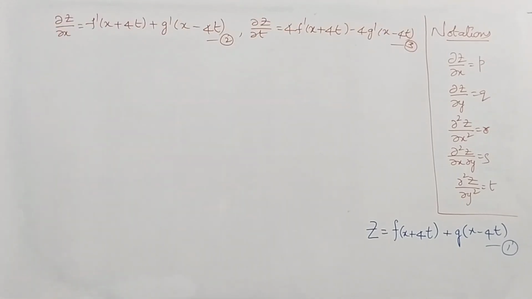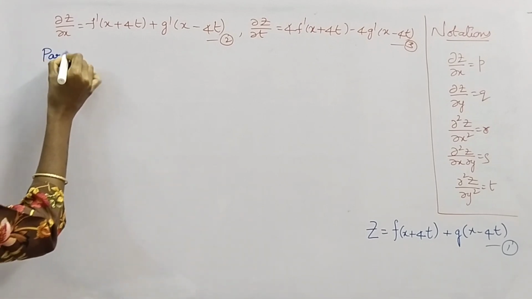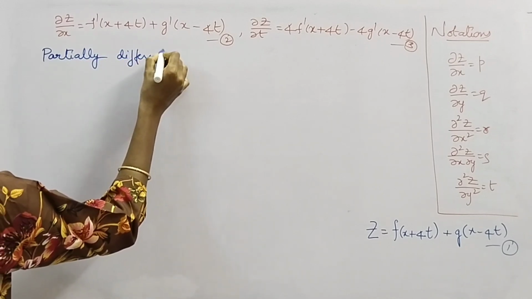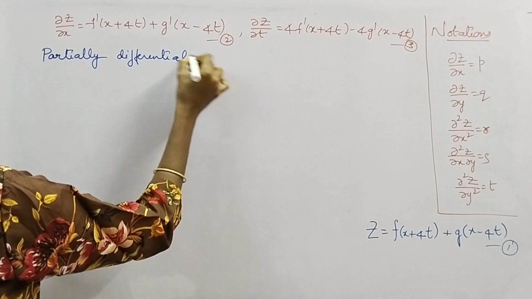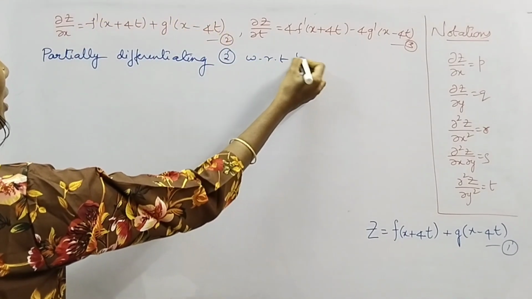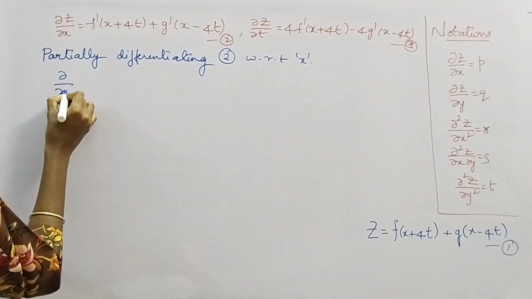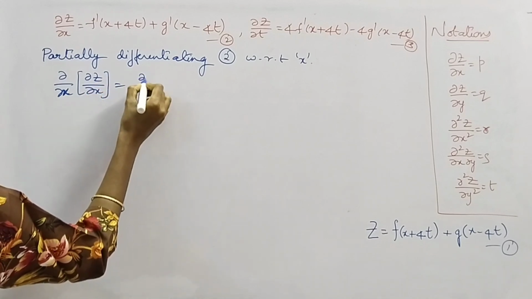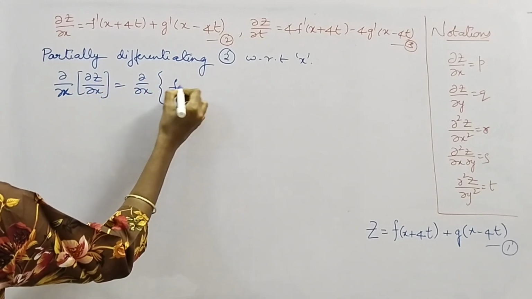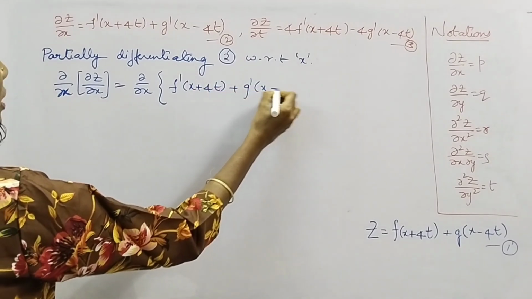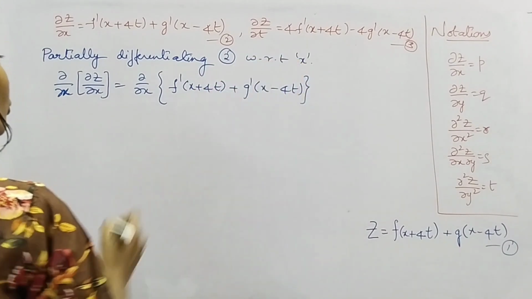Now we'll partially differentiate 2 with respect to x. Partially differentiating equation 2 with respect to x, we get dou by dou x of dou z by dou x equal to dou by dou x of the RHS part of 2.